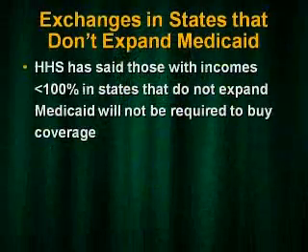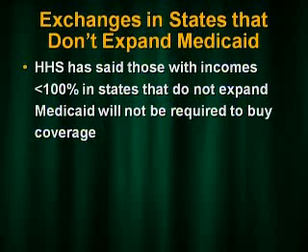But if your state didn't expand it, you don't get the Medicaid program and you're not eligible for a subsidy. Now, what HHS has said is for those folks with incomes below 100% of the federal poverty line in states that didn't expand, they're not required to buy coverage, but they're not able to get coverage through Medicaid, and they could buy it through the exchange, but not with a subsidy.